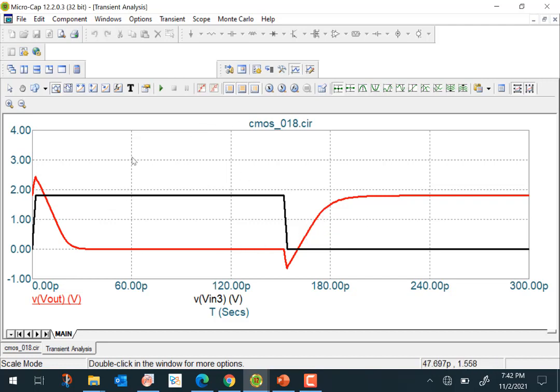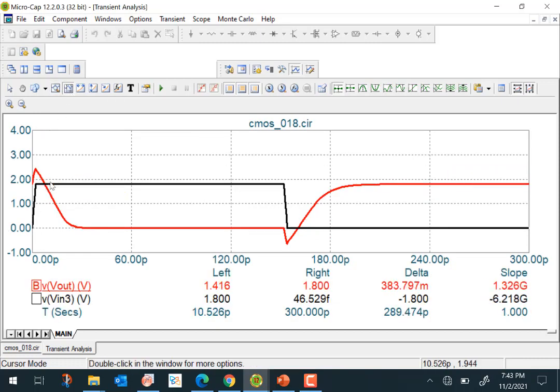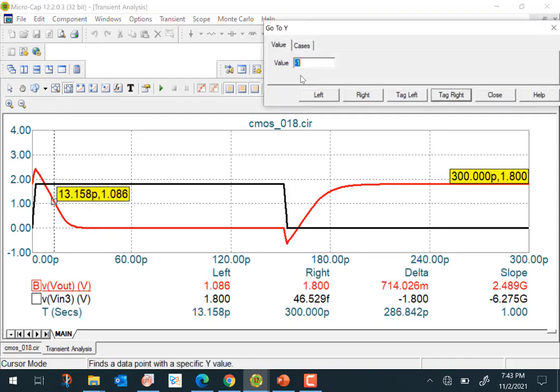The way to measure propagation delay is to take a cursor and go to the 50% point. Basically we are trying to go to 0.9 here, so one way is simply writing 0.9. It goes here.